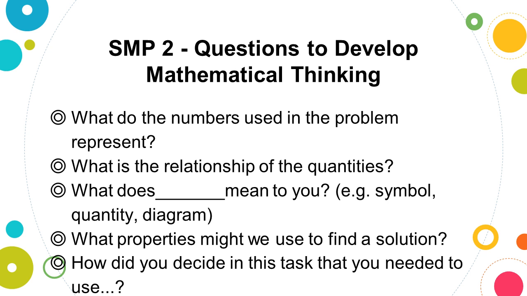What does this symbol mean to you? What does this quantity mean to you? What properties might we use to find this solution? How did you decide in this task that you needed to use a protractor? And could we have used another operation or property to solve this task? And then ask why or why not.